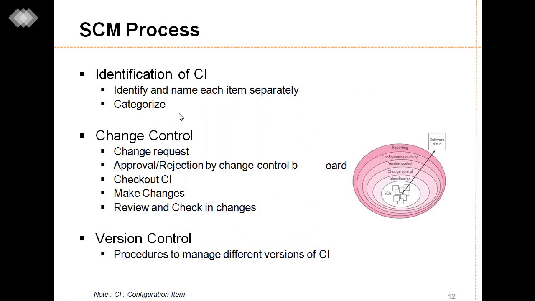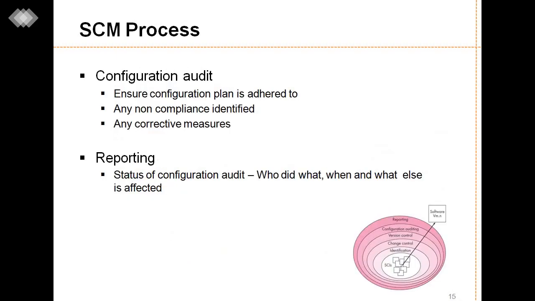So firstly we have covered identification of CI, where CI stands for once again configuration item, change control, version control, which is managed by CI, that is configuration item. Then we have covered configuration audits, and last is the reporting.